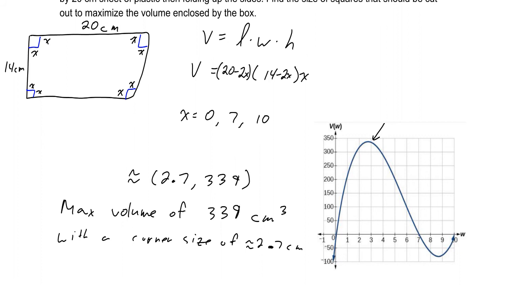So if we cut out a square of size 2.7 as its width and 2.7 as its length, then we will achieve that maximum volume that we are after.